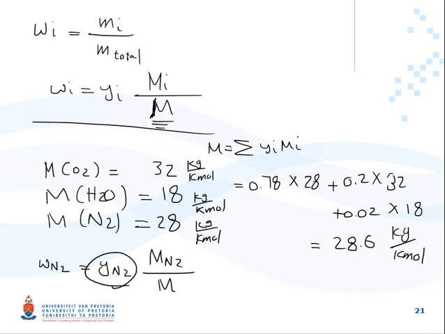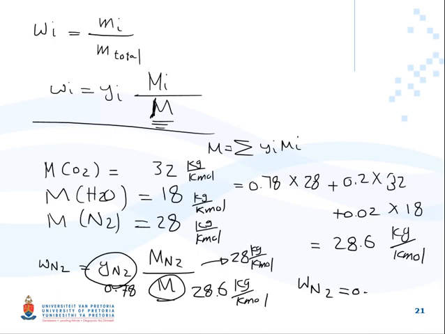So we have 0.78, the total 28.6 kilogram per kilomole, and nitrogen 28 kilogram per kilomole, so the mass fraction of nitrogen is equal to 0.764. The mass fraction of oxygen is equal to 0.224, and the mass fraction of H2O is equal to 0.012.